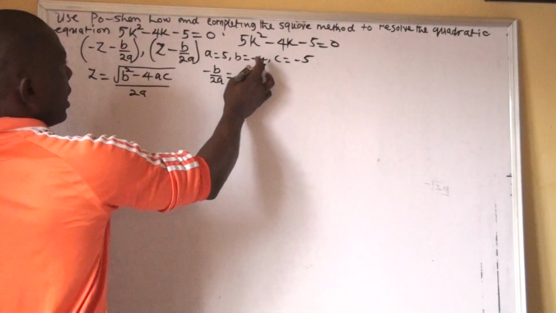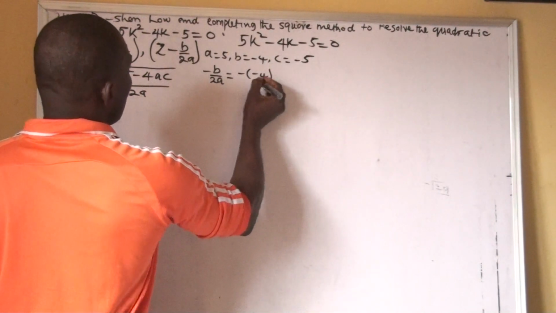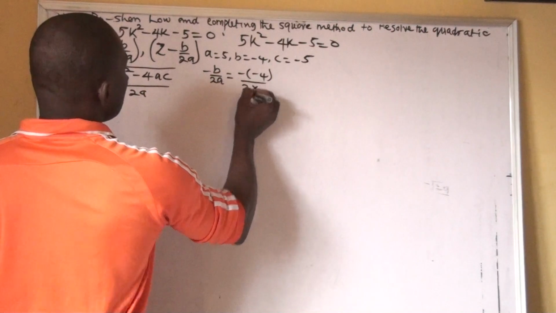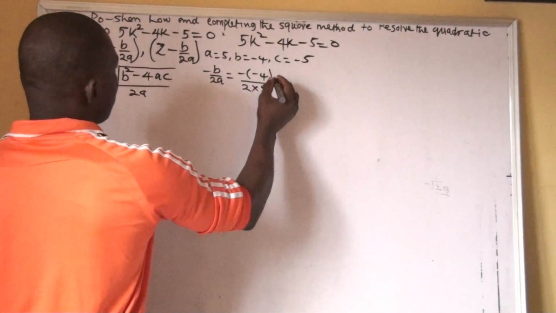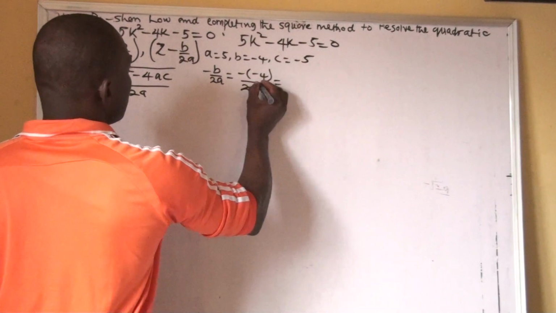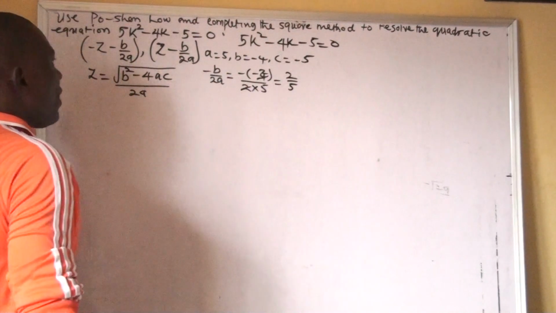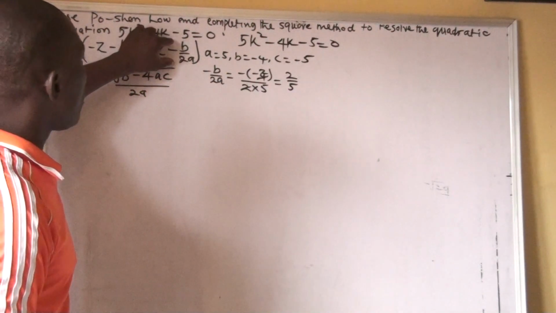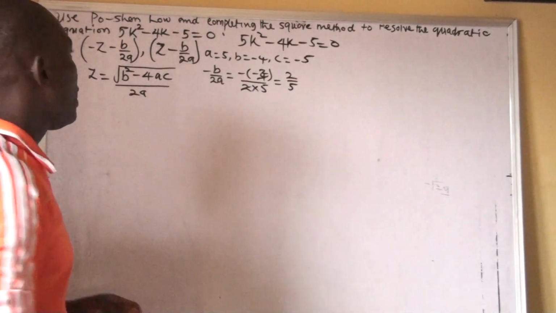We know that b is minus 4, so we have minus, open bracket, minus 4, all over 2 times a, which is 2 times 5, and minus times minus is plus. So the numerical value of minus b over 2a is 2 over 5.